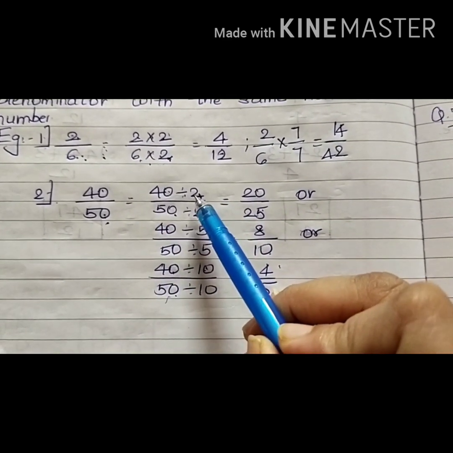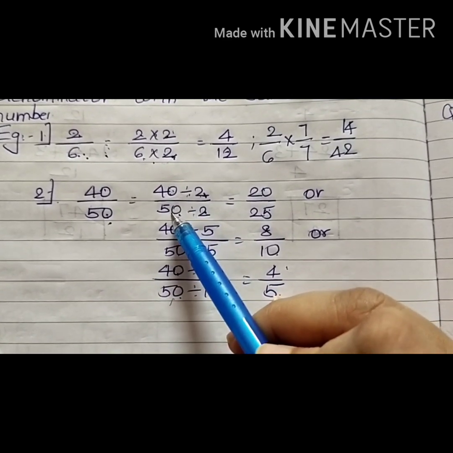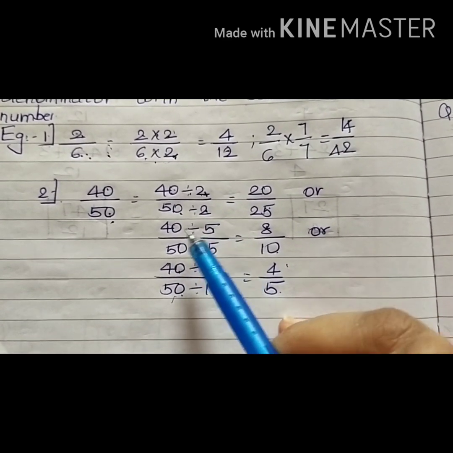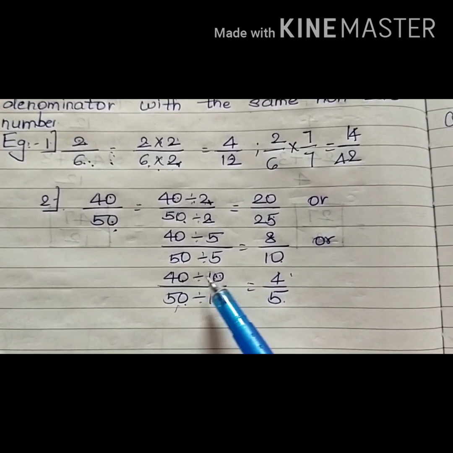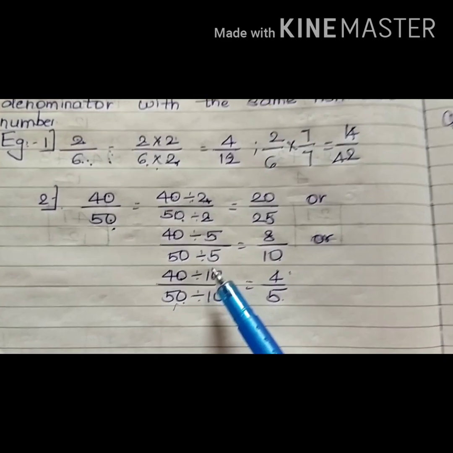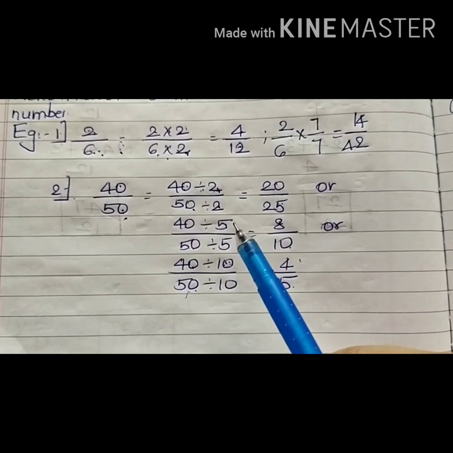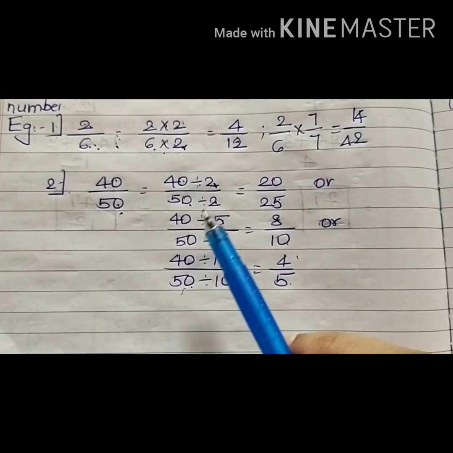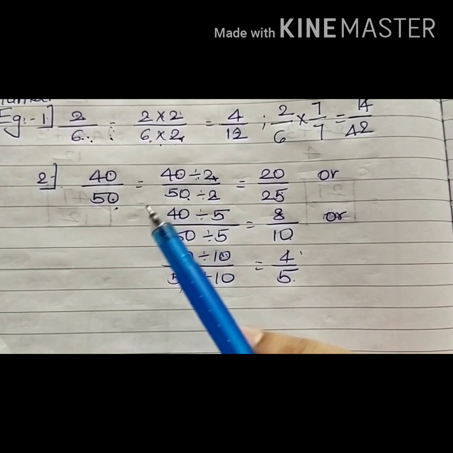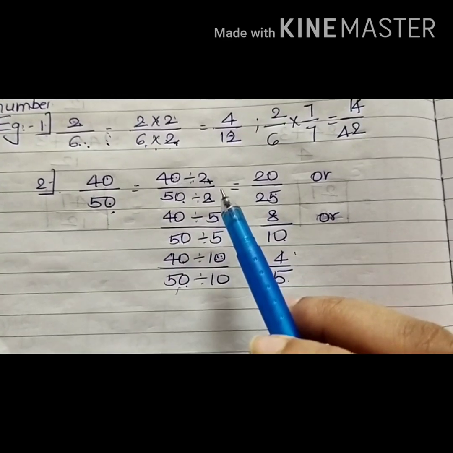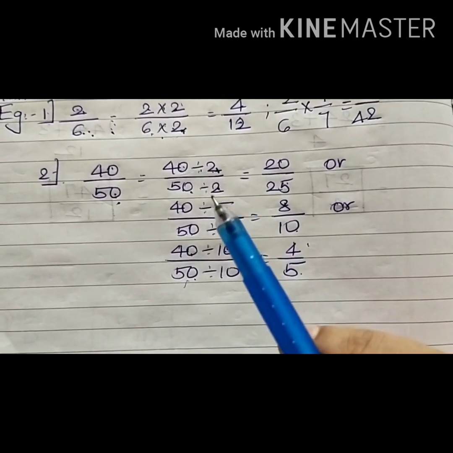Just see 2 is divisible to 40 as well as 50. Then 5 is divisible to 40 as well as 50. And finally 10, which is divisible by 40 and 50. So in division, please note, when we use division to find an equivalent fraction from a given fraction, we have to consider only the common factors.